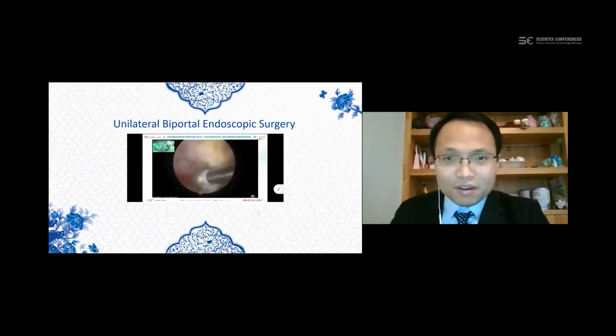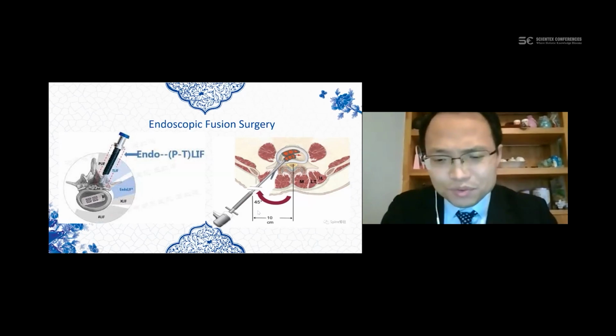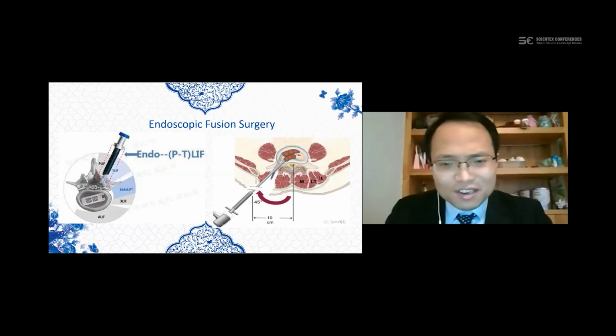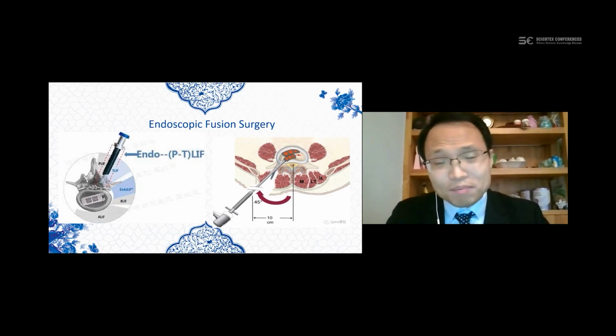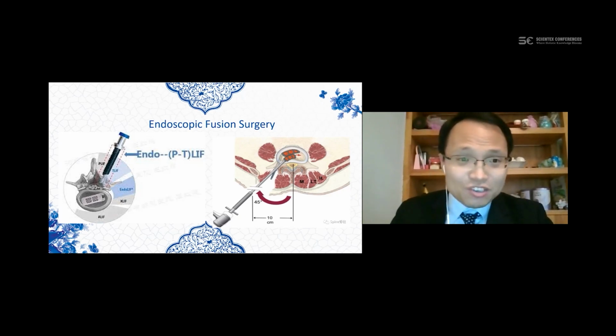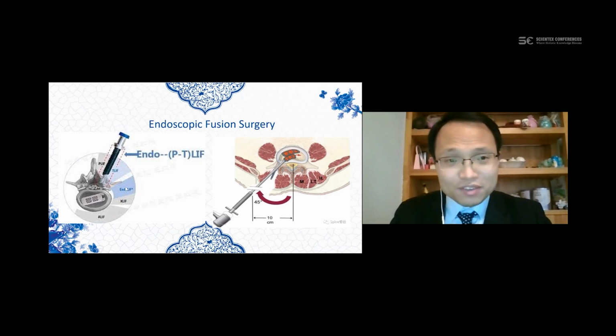Sometimes we have to fuse the pathological segments because of existing instability. We often do it traditionally by open surgery, after which we insert a cage. There are two kinds of surgery.